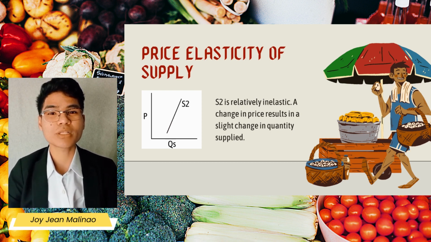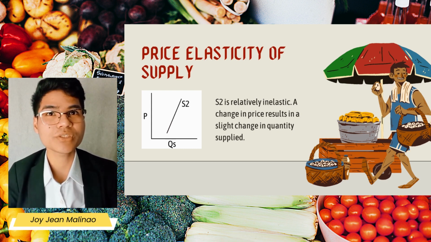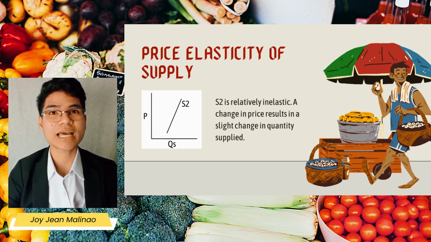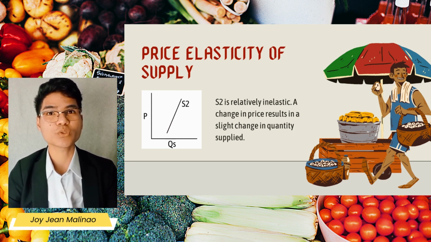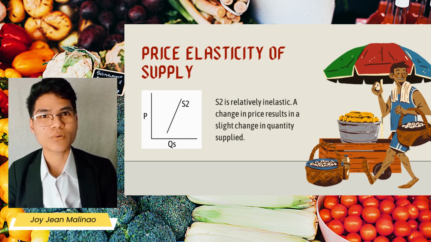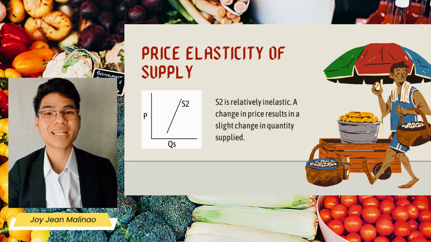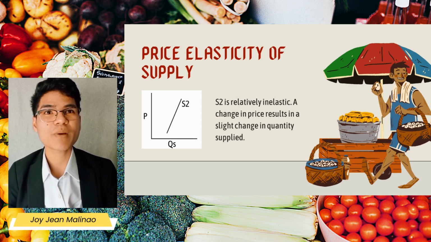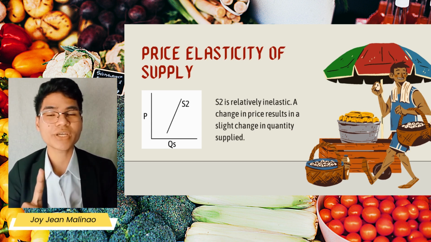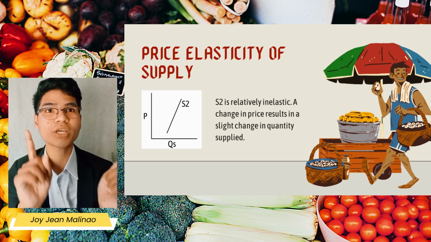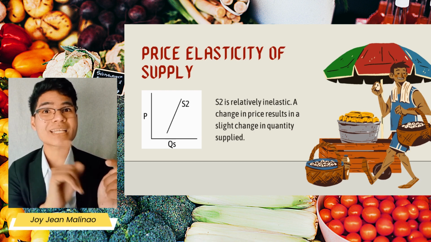And it's possible that I'm going to change the price of the banana that I'm going to supply in the canteen. So, in short, when there is a change in price, the quantity supplied will change as well, but slightly.